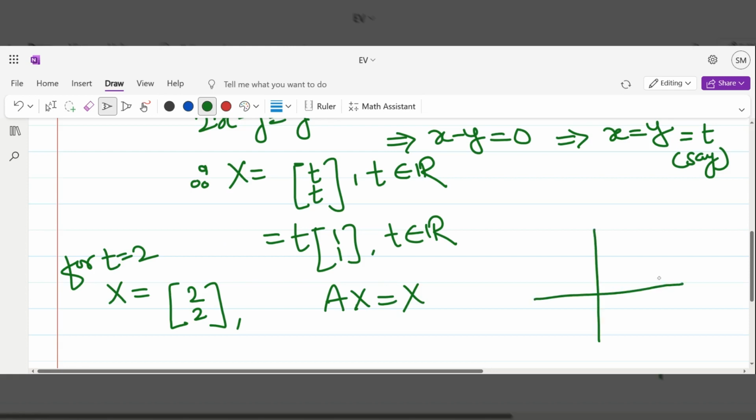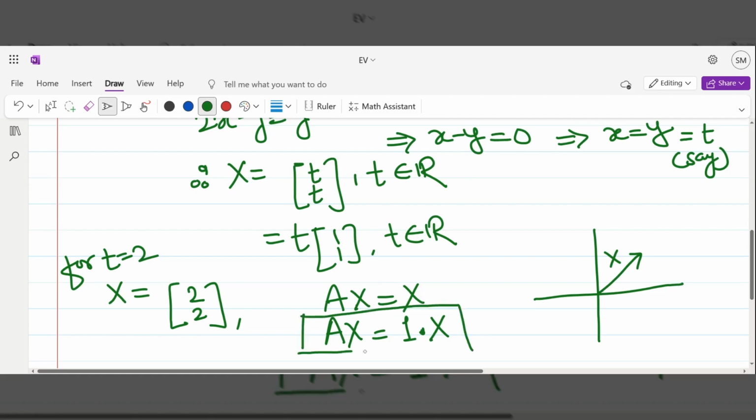If you see in the xy plane, if this is our original vector x, when pre-multiplied by matrix A, we got the same vector as output. So for a moment, let us write the right hand side as A into x equal to 1 into x. Let me call this equation 1.